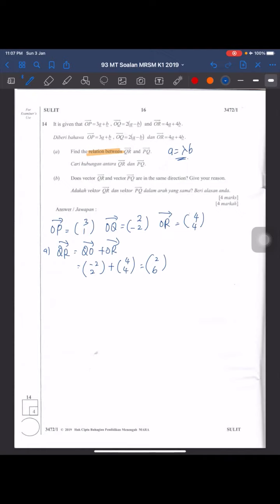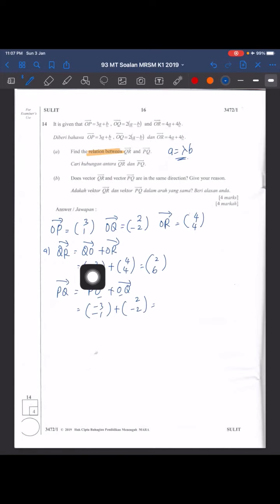Okay, next kita cari PQ pula. PQ is equals to PO plus OQ. Ingat tengah-tengah ni mesti sama. PO is negative 3, negative 1 plus OQ is 2, negative 2. So, kenapa ni jadi negatif-negatif?